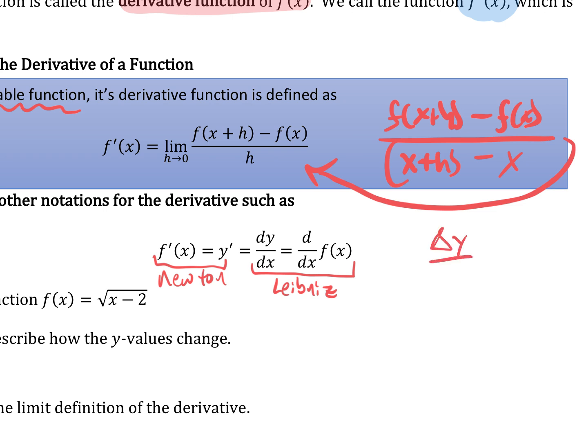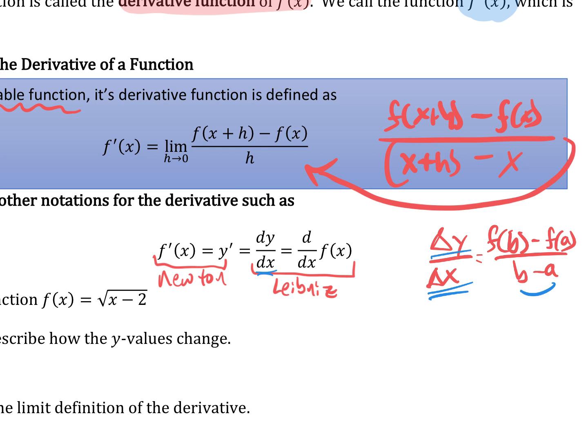We know delta y over delta x is this average rate of change, f of b minus f of a, all over b minus a. And as the distance between b and a gets smaller, at the limit, this delta becomes infinitely small, and instead of delta x, we're going to write it as dx.